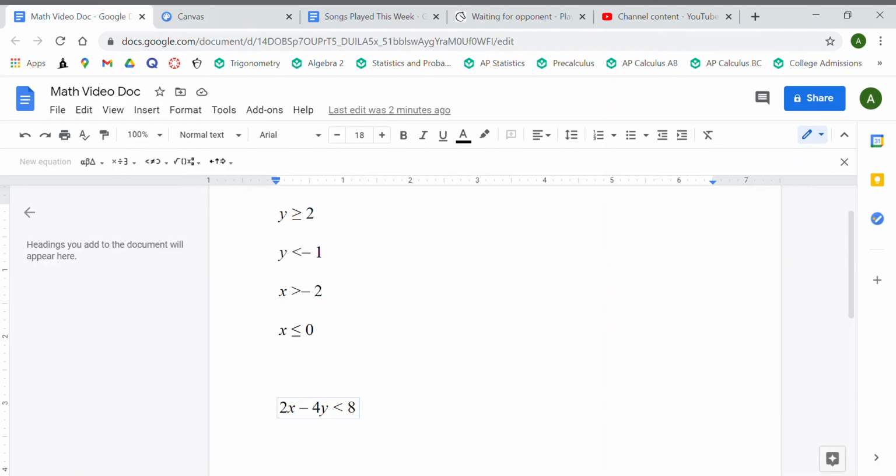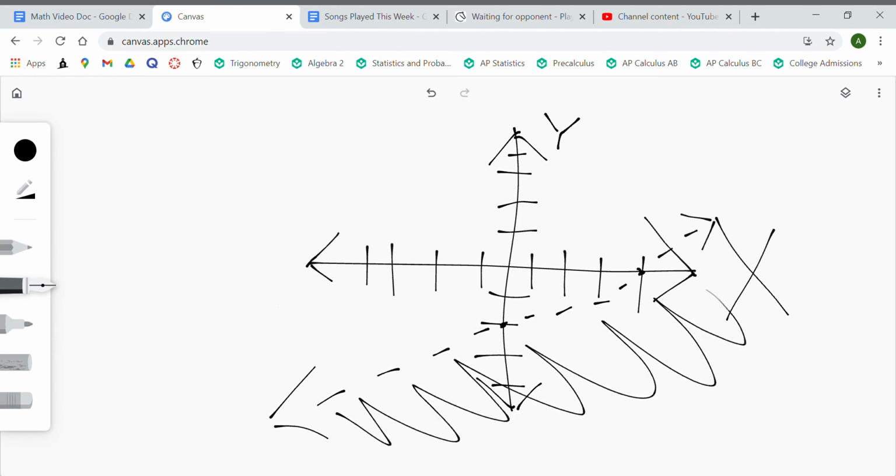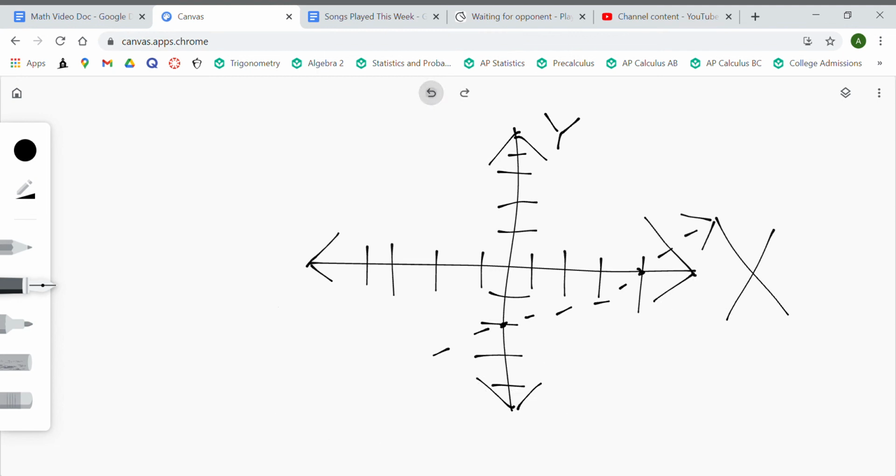We got a less than sign. When you got a less than, remember the same rules apply for lines like these. If you have a less than sign, you must shade below the line. And below the line would be this region, right here. Alright. Hopefully it didn't cause you too much trouble.